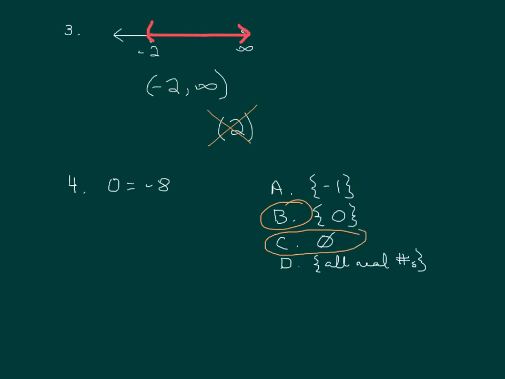So let me circle that in red. That is written as the null set like this. So it's not the same, it's a different answer from the solution set is 0.